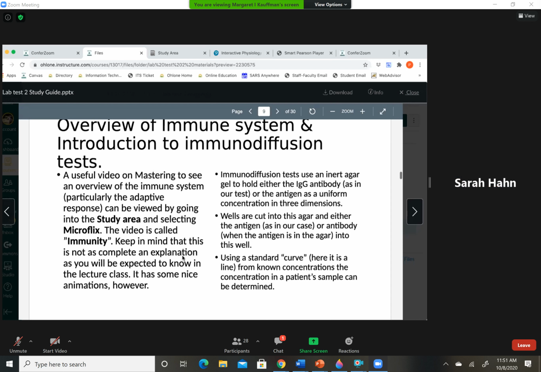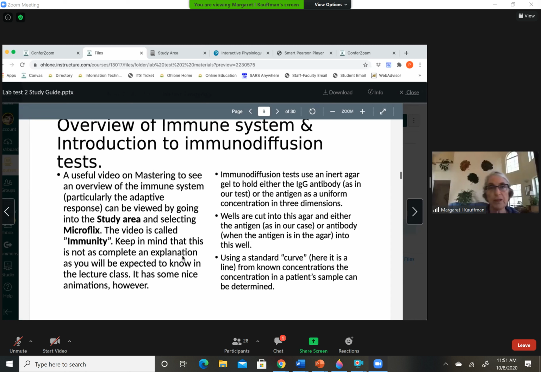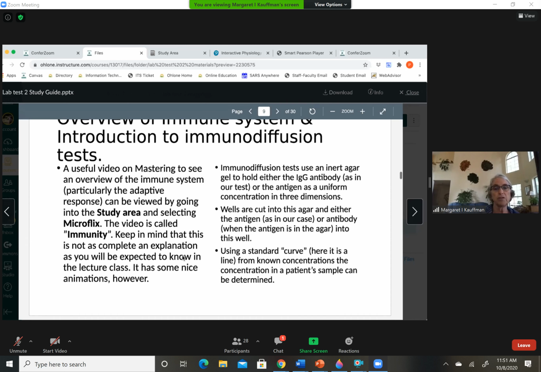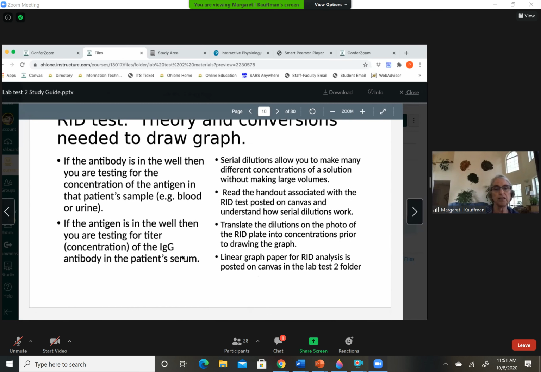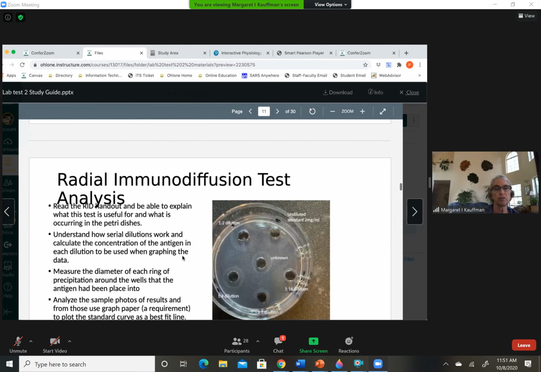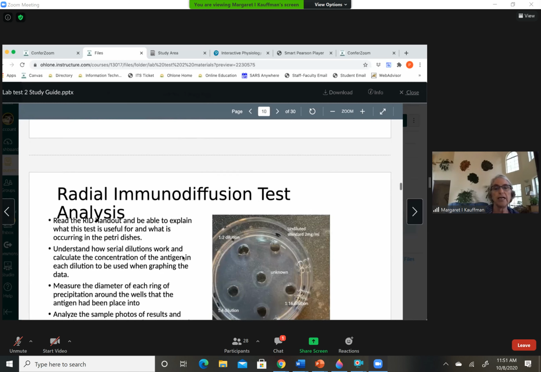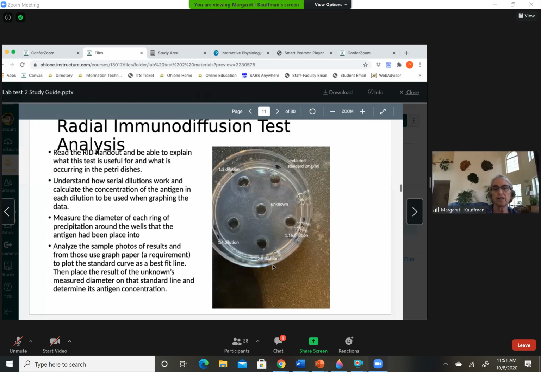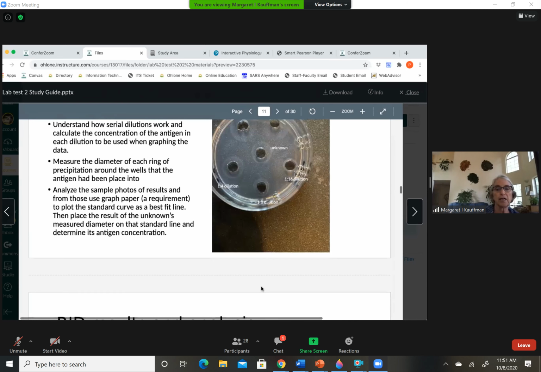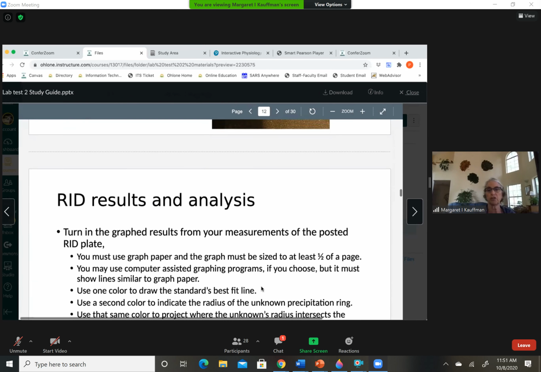One of the things the radial allows you to do is quantify things. Ouchterlony identifies things, but with radial immunodiffusion, you can quantify them. So you are going to be using data that's embedded in here from this radial immuno, that's what an RID test stands for. Here's some data that the students last semester gathered. And then you're going to eventually turn in a graph.